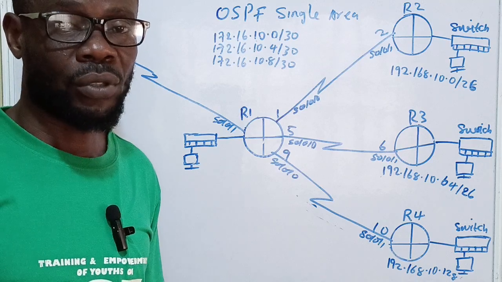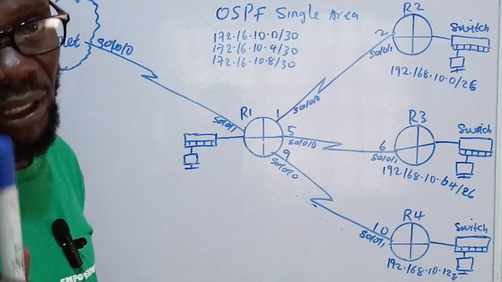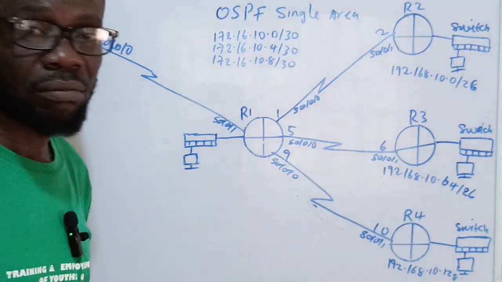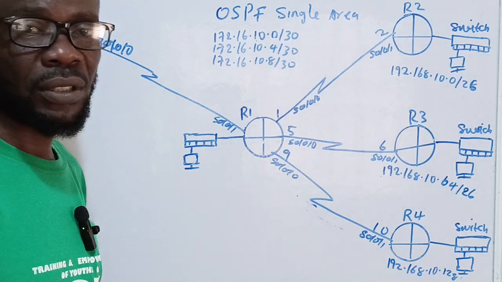Routing Information Protocol, which is also a routing protocol, can only connect about 15 networks. So this OSPF is very large, thousands. I think it has no limit.